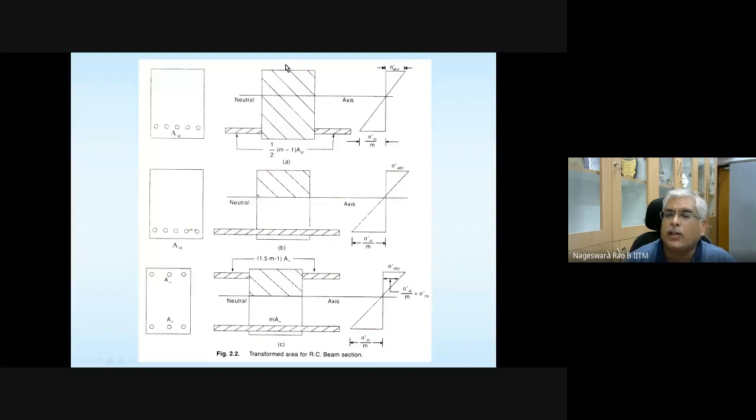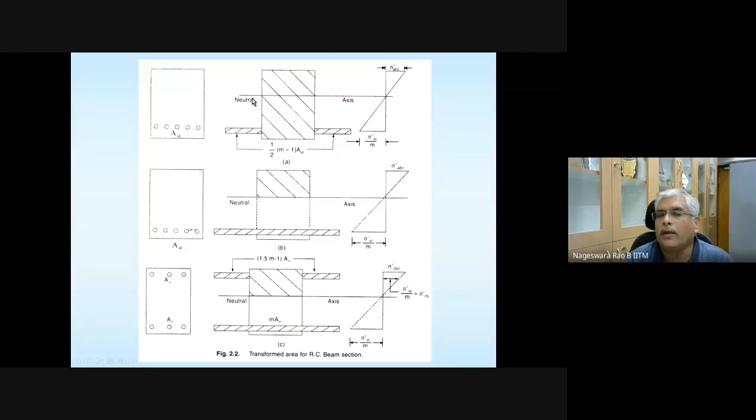So initially, when you apply smaller loads, even the concrete below the neutral axis will resist some tensile stress. That's why the entire concrete section is going to be effective.